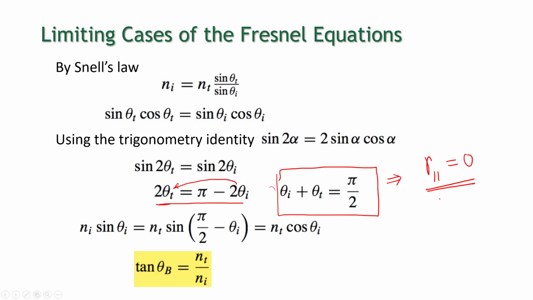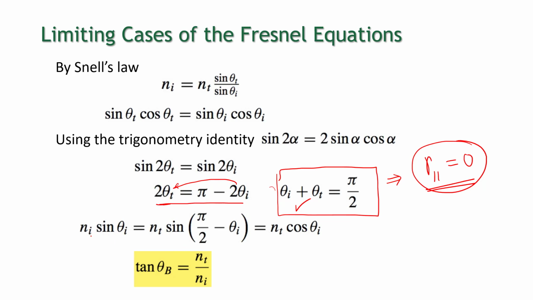So you will not get any reflection of the parallel component of the electric field when this is true. When your incident angle plus transmitted angle add to pi over 2, then you will not get any light parallel to the plane.